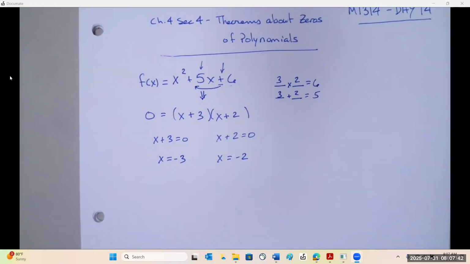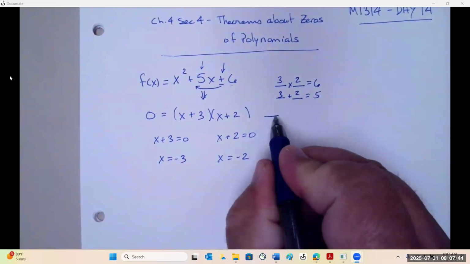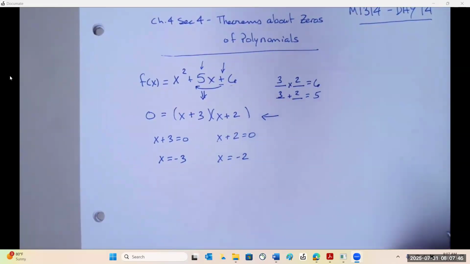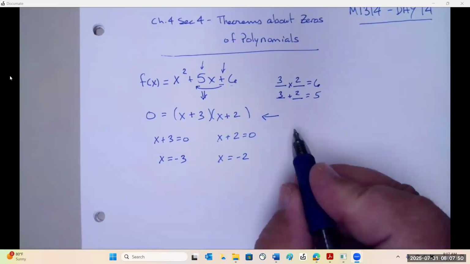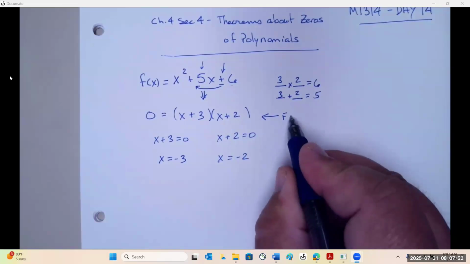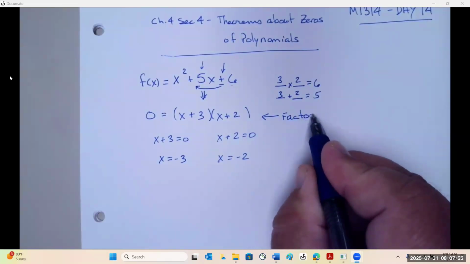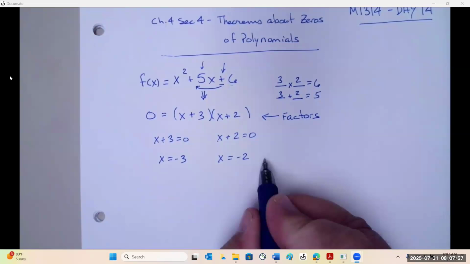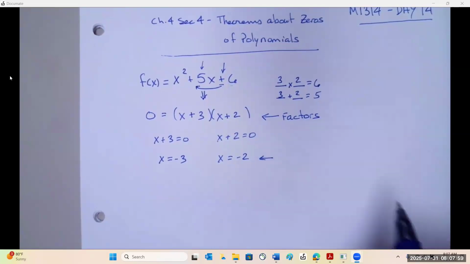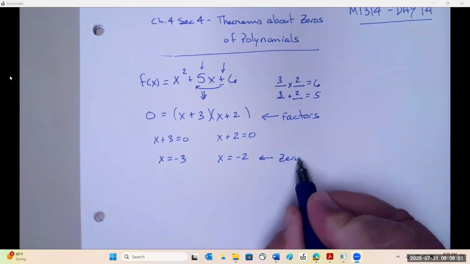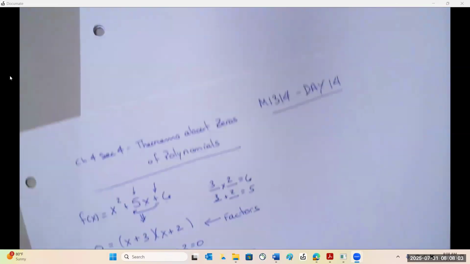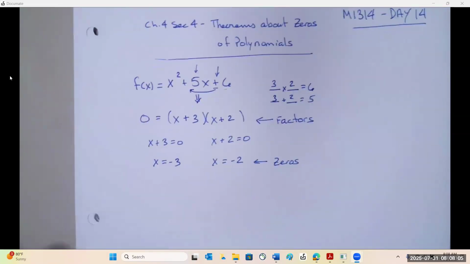Now, they have names. What is this level called? What are we finding here? Very good. Factors. Those are the factors. What are these? Zeros. Excellent. Or solutions or x-intercepts or anything like that.